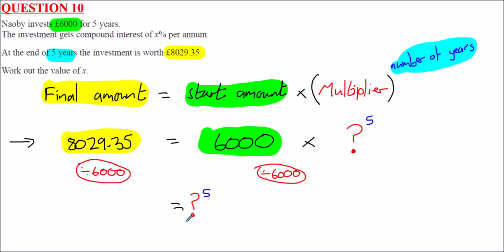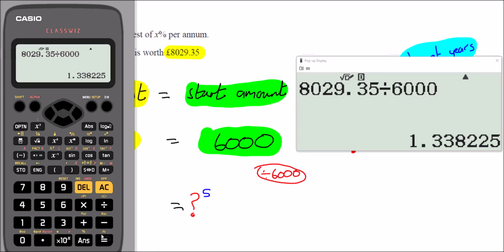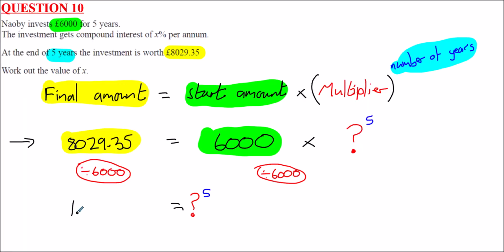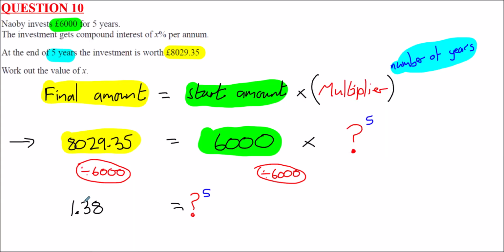So £8,029.35 divided by 6,000, we get this thing here, 1.338225. Write down all the numbers because this isn't your final answer yet. 1.338225.